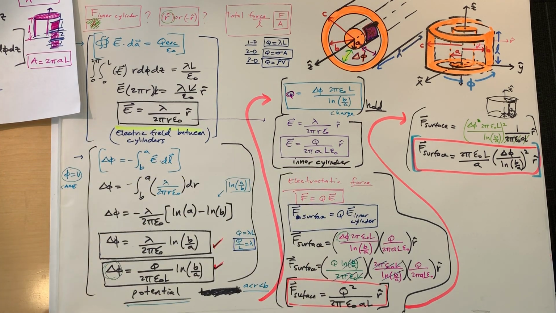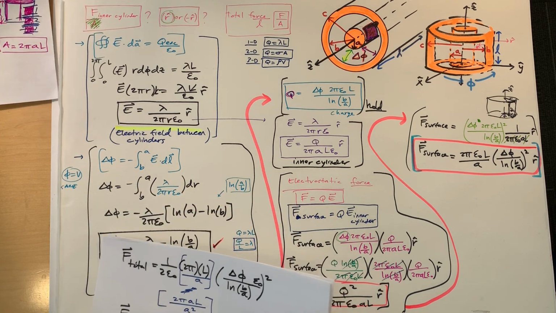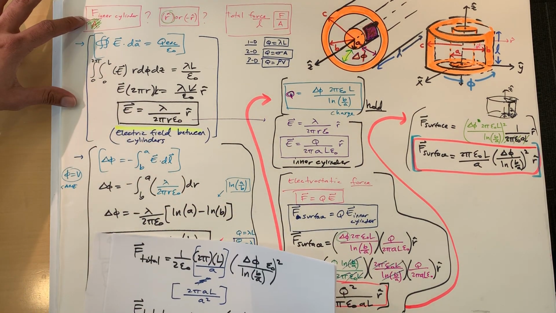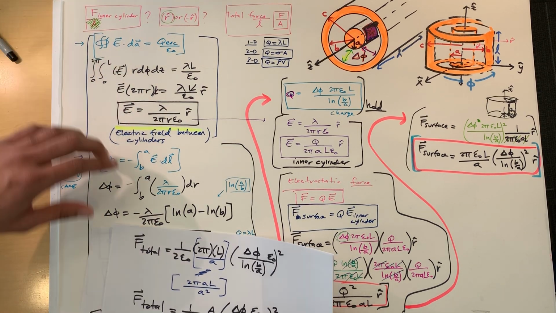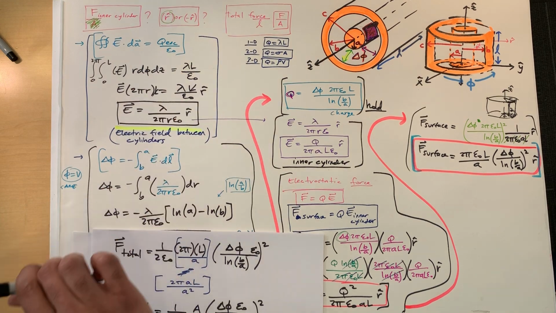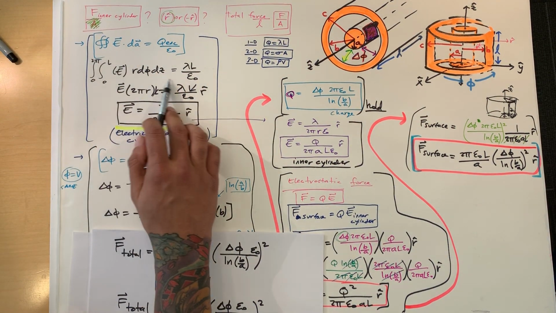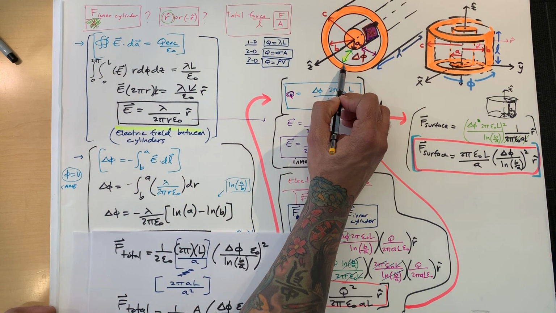Okay, and let's see. First, let's recap real quick. We have Gauss's law for electric fields. Then what we did was find the electric field between the cylinders, so that's in this area.